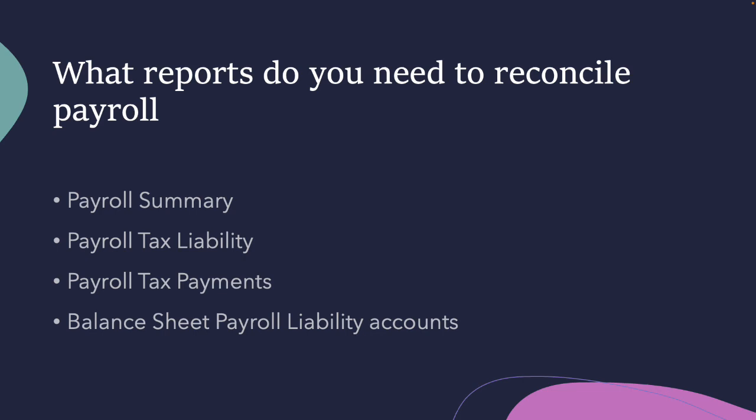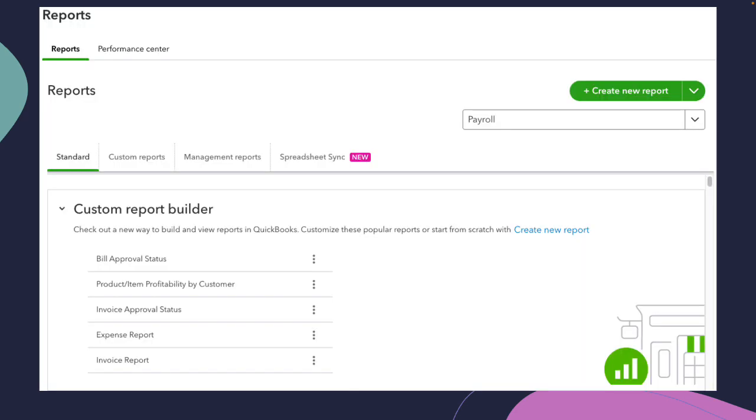So you may have another one or two, sometimes three reports, so that you can check all the details as well. With QuickBooks, you're going to need the payroll summary, payroll tax liability, payroll tax payments, and the balance sheet with the payroll liability account. So you compare the balance you have in QuickBooks versus whatever is on those reports.